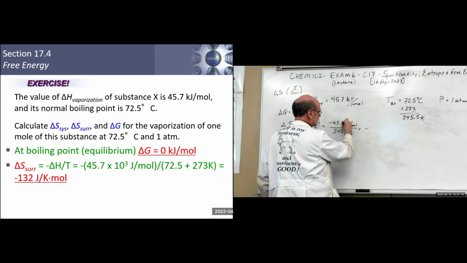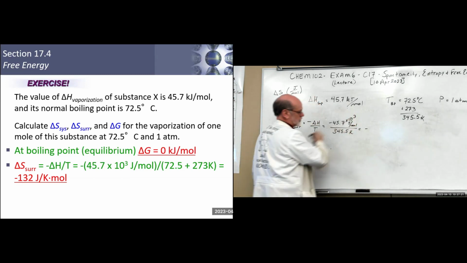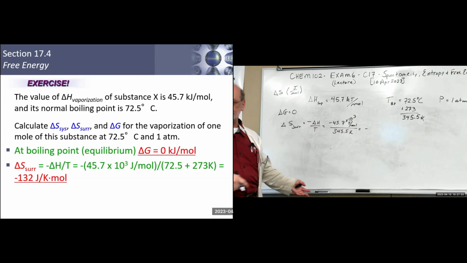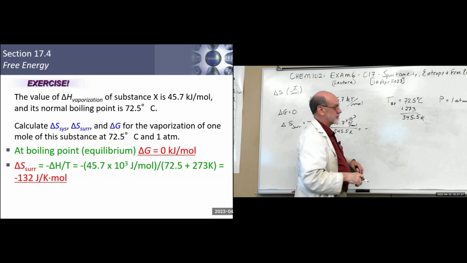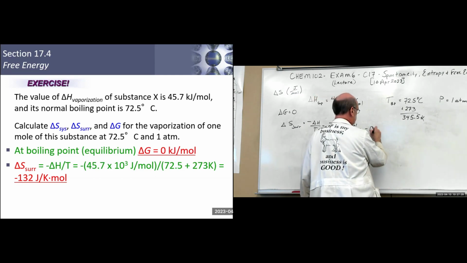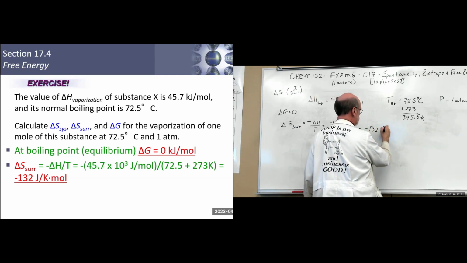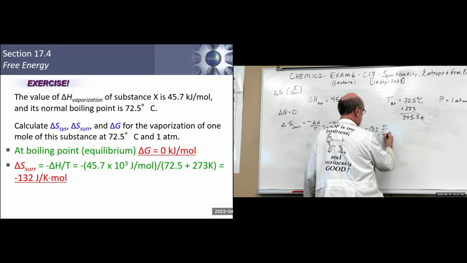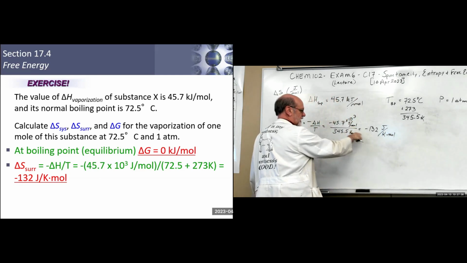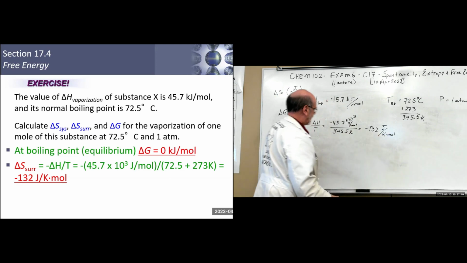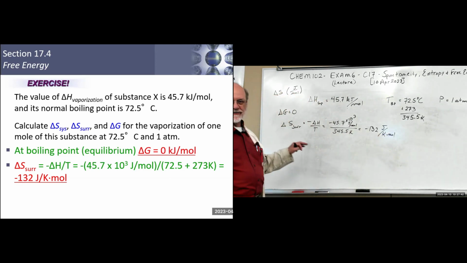So here we change this to joules, just multiply it by 1,000. Then when we divide it out, we get a negative 132 joules per K mole, right? Because this mole is in the denominator, it's over here. Okay, so that's the delta S for the surroundings.